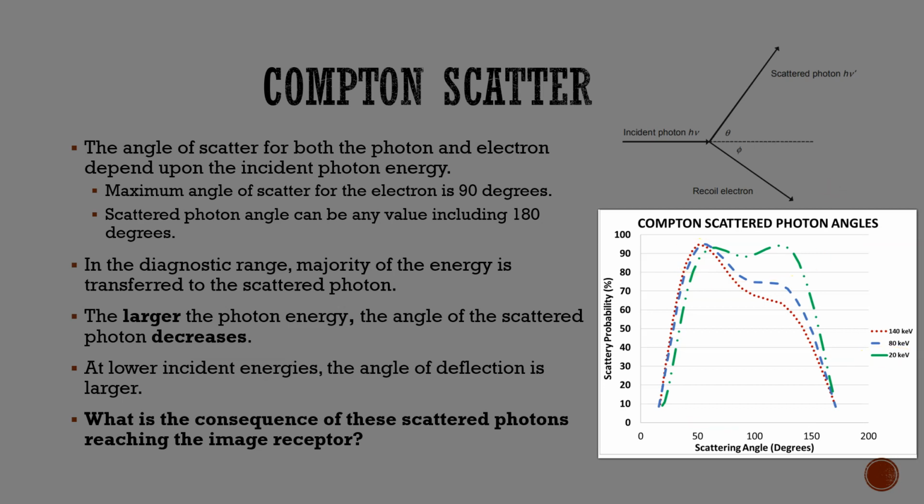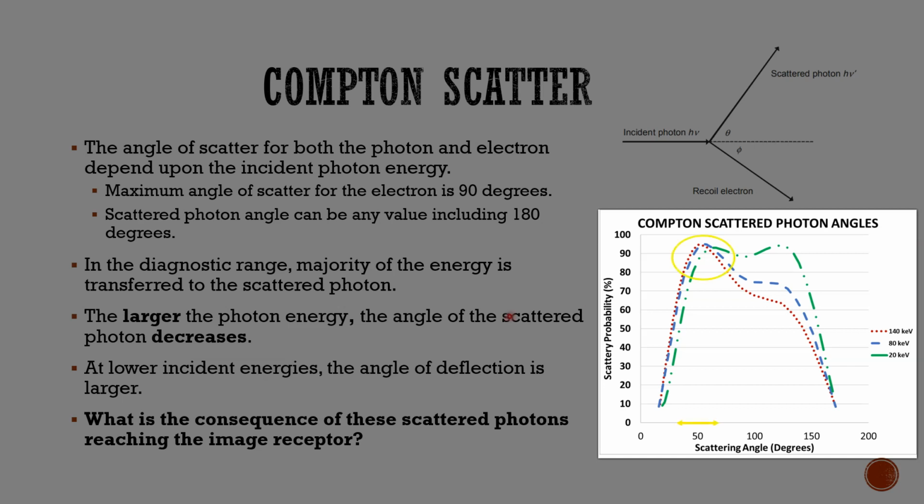Now, as we talk about the 80 and 140 keV, we see that as we go to a higher incident photon energy, the probability of the scatter angle is getting closer to 0. So let's take a look at the 140 keV curve. We can see that it peaks more in the range of 30 to 60.